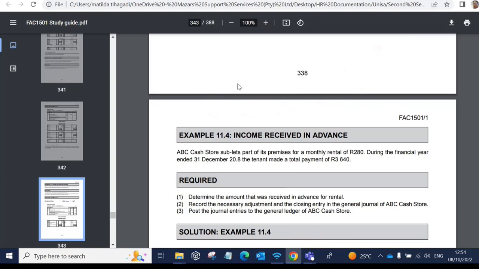Basically, the rent was paid for 13 months. 13 months was received instead of 12. So the 1 month is received in advance.